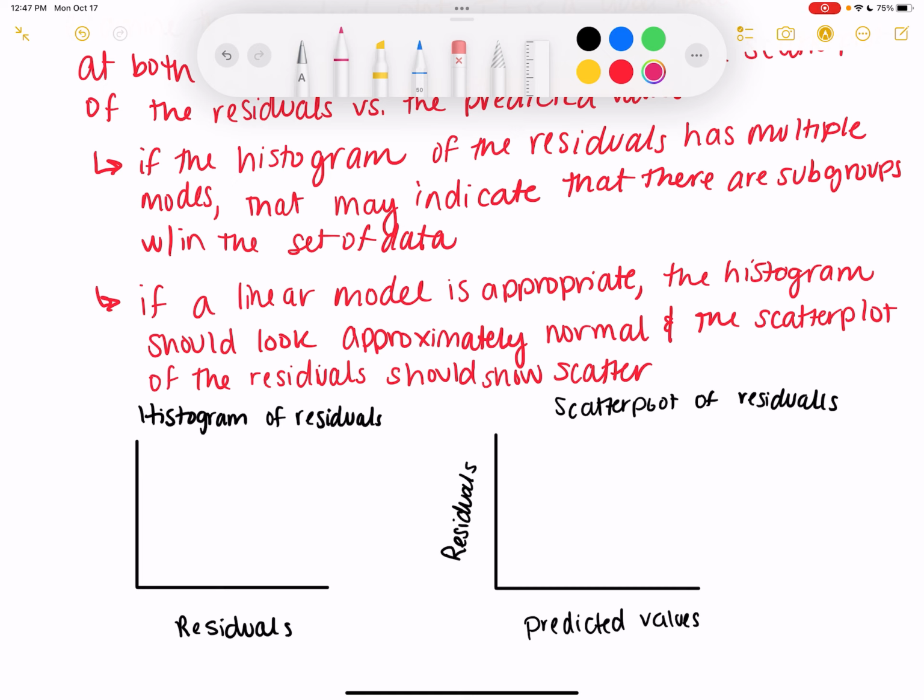All right, so something like this, and then over here, X is going to be for higher than the linear model predicts.